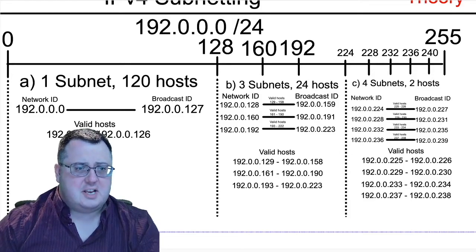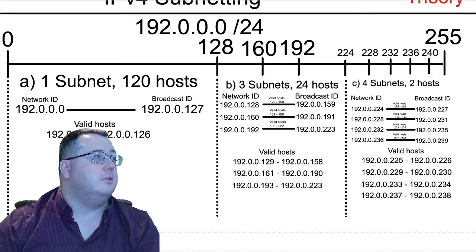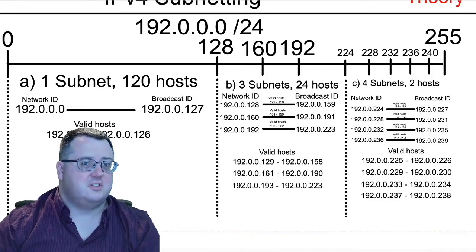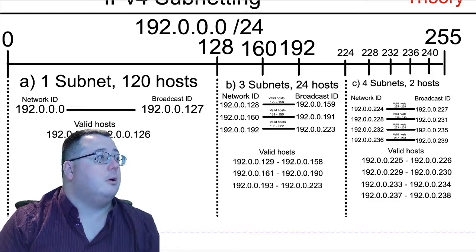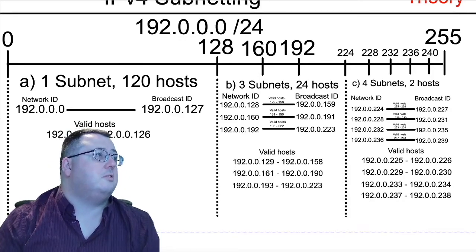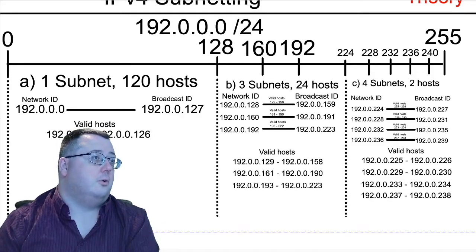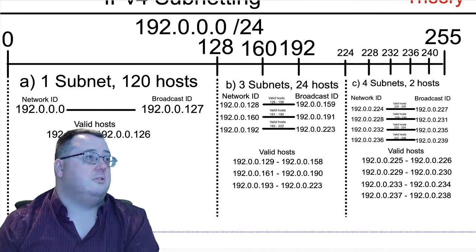But do you see how it's been sliced, this range, into different segments? So the first segment was a 128 block, the second segment was into 32 blocks, and then the last section is in blocks of 4 up to 240.